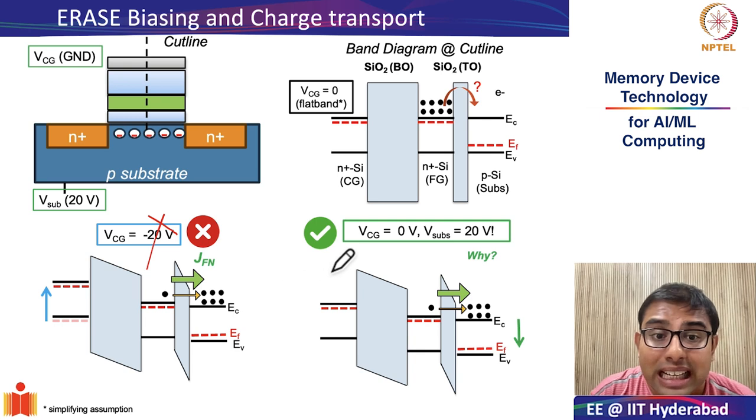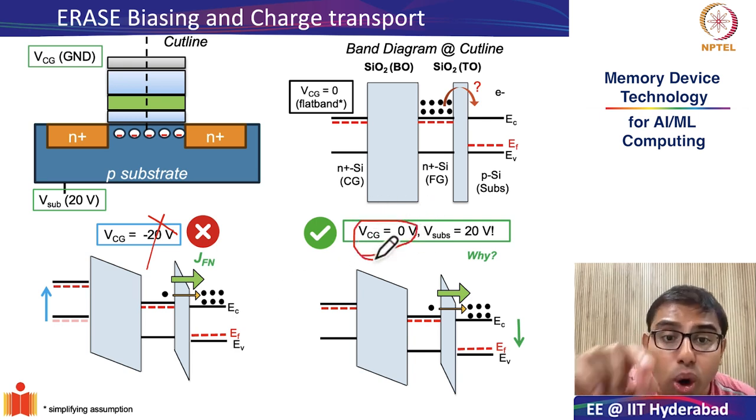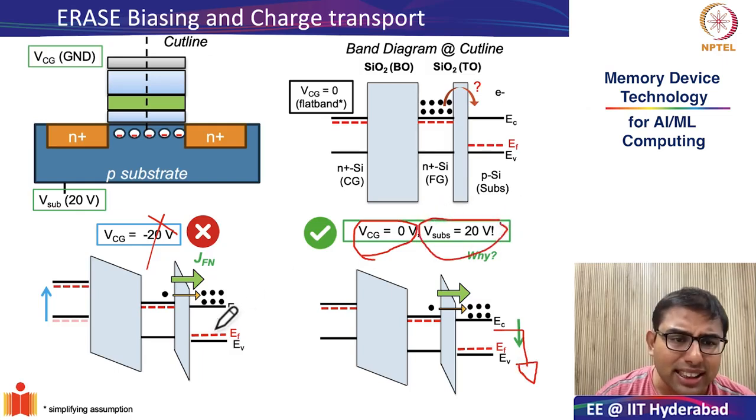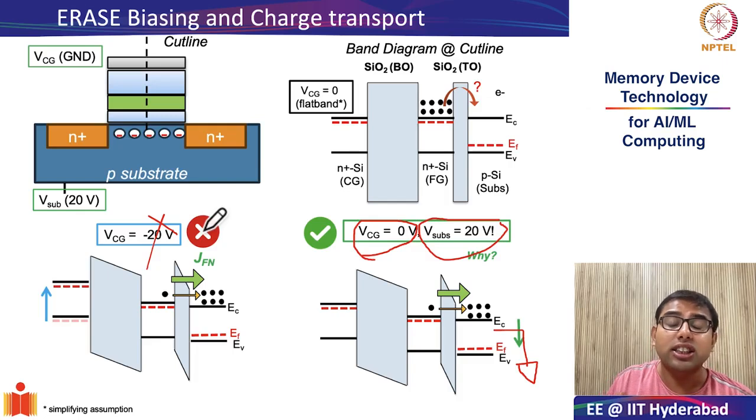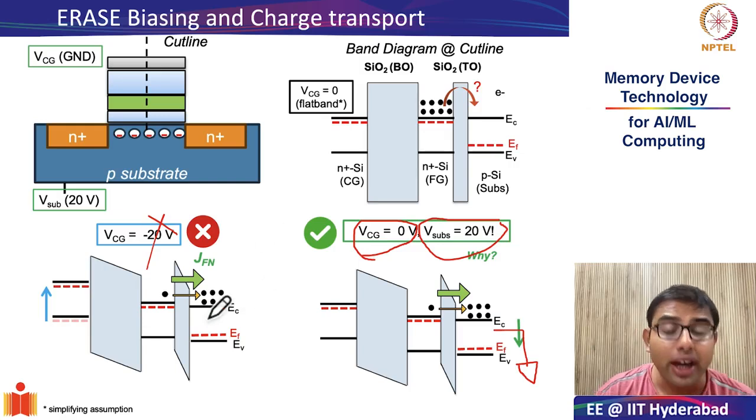The control gate is biased at 0 volts, but the substrate which is connected to the channel is connected to plus 20 volts. It is the same effect. Instead of having the substrate grounded, you are connecting the substrate to plus 20 volts and you are grounding the control gate. Okay, it has the same effect, but there is a twist in the biasing conditions.